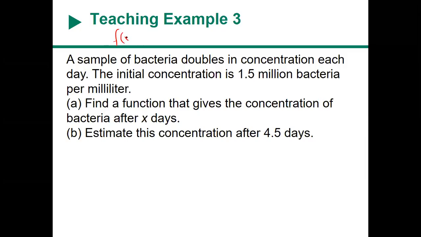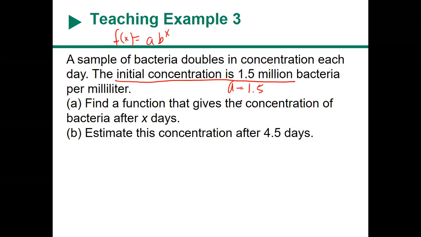So we have f of x equals a times b to the x. So I can stick to what your book is going to tell you. Okay, so your initial represents your a, right? And it says my initial concentration is 1.5 million, so a equals 1.5. Does that make sense?